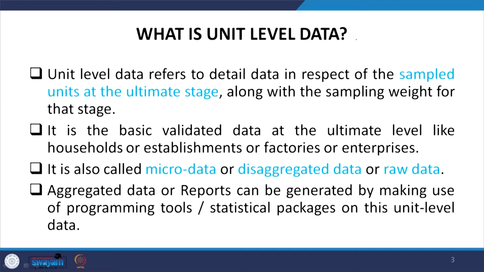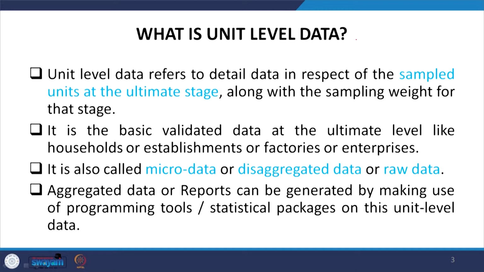Now, let me talk about unit level data. It is the basic validated data at the ultimate level, like households or establishments or enterprises or factories. Usually in unit level data like NSS, the unit is the household.